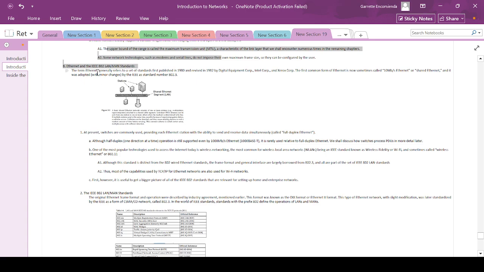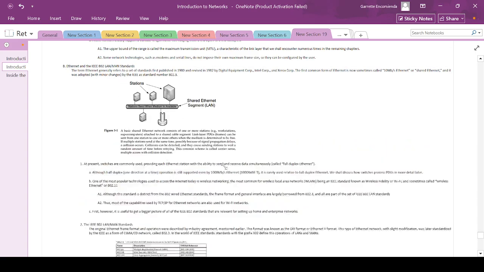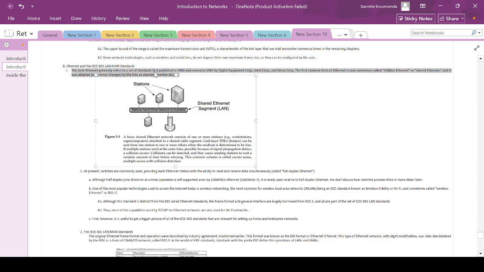Ethernet and IEEE 802 LAN and MAN standards. The term Ethernet generally refers to a set of standards first published in 1980 and revised in 1982 by Digital Equipment Corp, Intel Corp, and Xerox Corp.